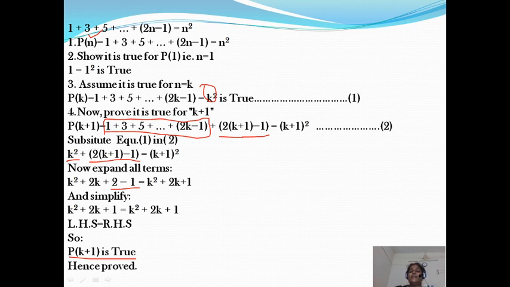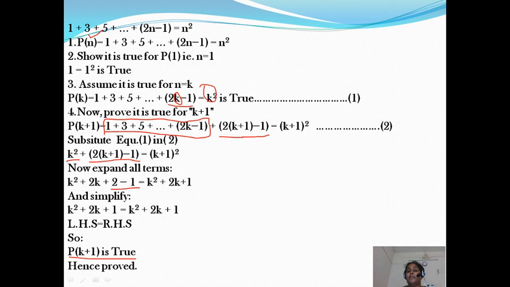For that, I have said the trick: just copy the LHS of P(k) as it is to P(k+1), plus we will be having one more term. What will be the term? Substitute in the kth position of LHS k+1.